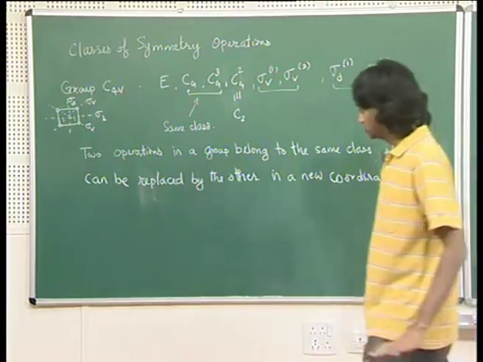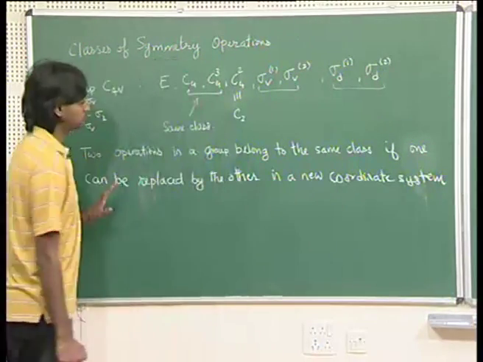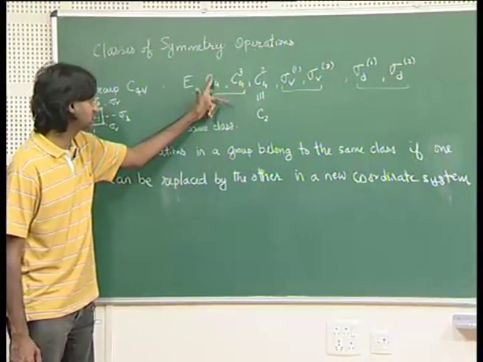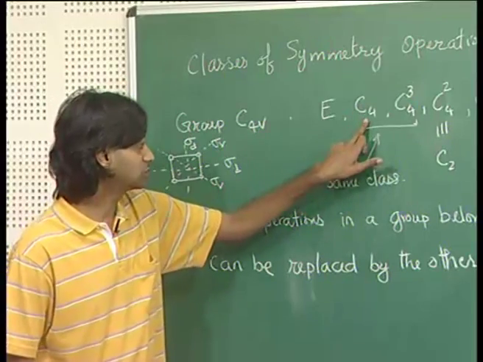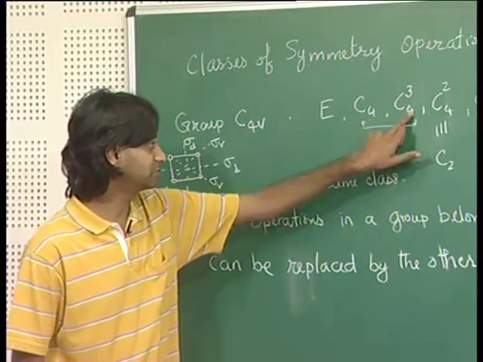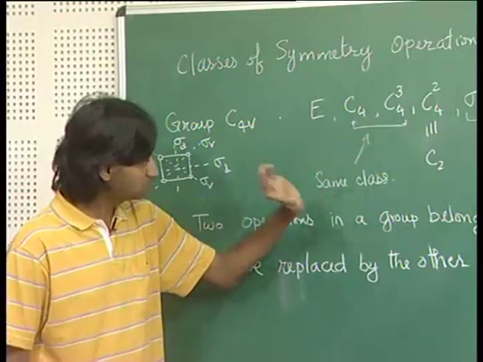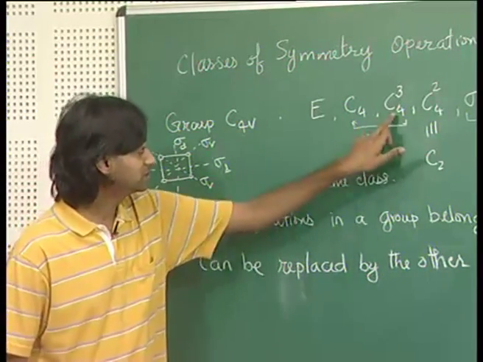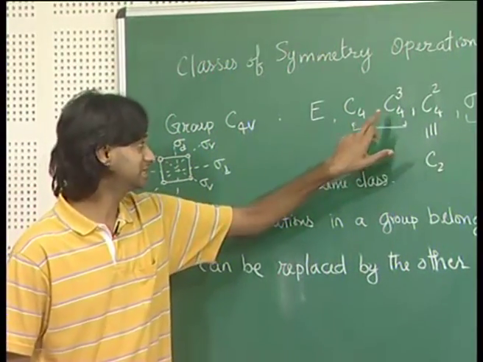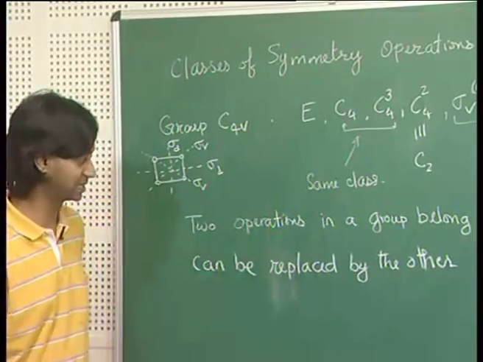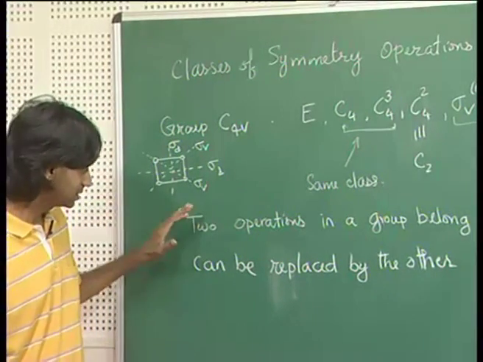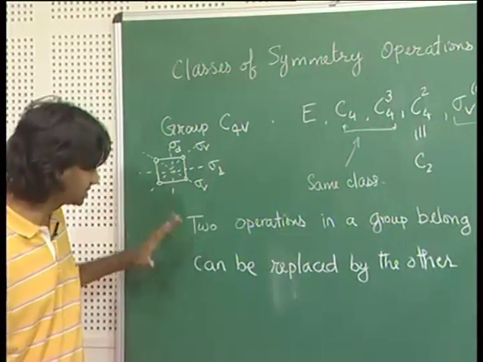Essentially what we mean is that in one coordinate system you will have one operation look like C4 and the other look like C4 cube. If you look in another coordinate system, the first operation will look like C4(3) and the second operation will look like C4. But that is not all.